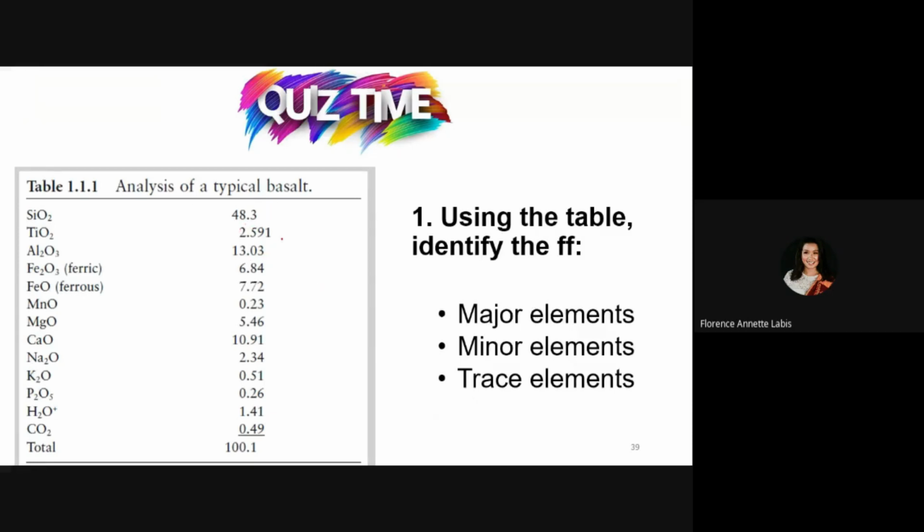Major elements are greater than 1 weight percent. So anything above 1, we have silica, titanium, etc., except MnO, manganese oxide, which is less than 1, so this should be minor. So there are minor and major, but no trace that we can see here. Am I correct?